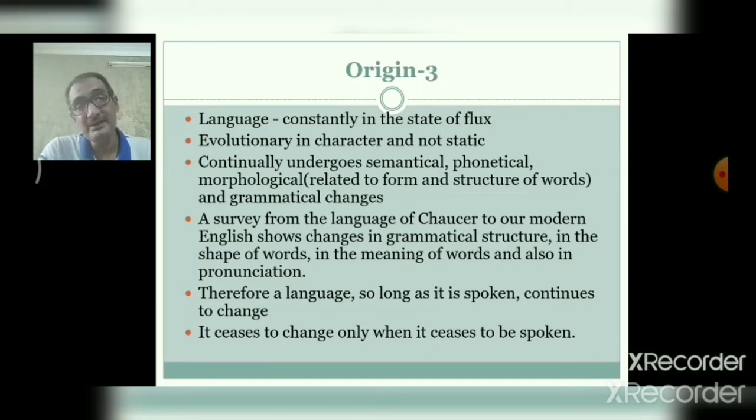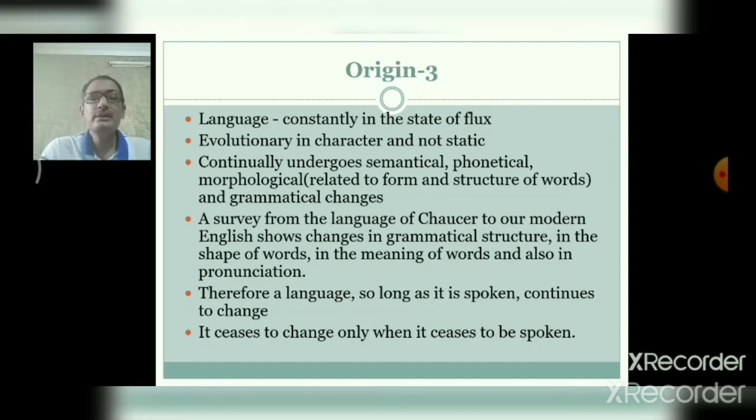So it may have a written form, may not have a written form, but a language is always going to change with the passage of time. So it is always in a state of flux. It goes on changing. A number of changes come into practice in a language. We can say it is evolutionary in character and not static. The same thing that I told you earlier.